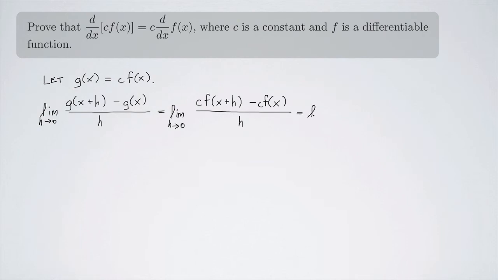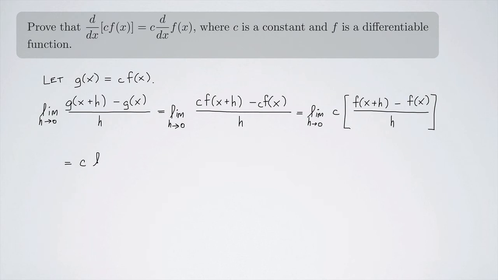Now I have a constant that I can factor out, so this looks like f(x+h) minus f(x) all over h. And from limits, you can pull that constant outside of the limit.